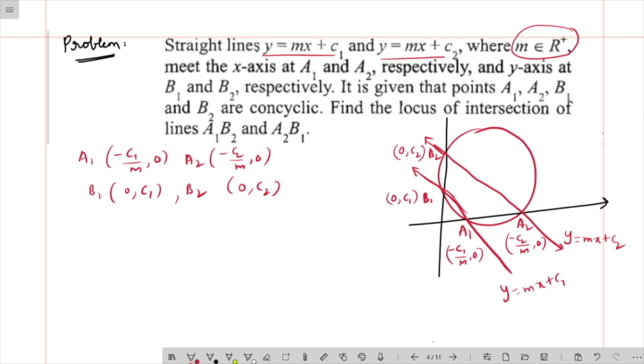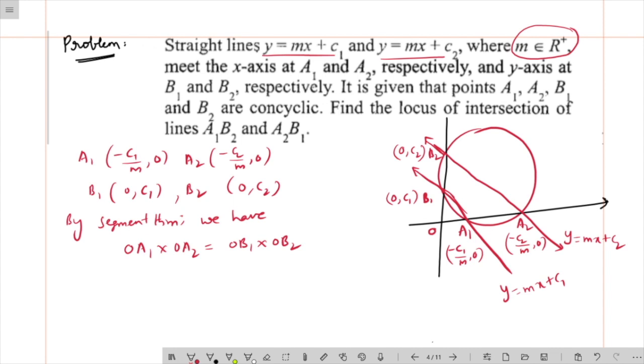Now it is given that A1, A2, B1, B2 are concyclic, which means there is a circle passing through these points. Hence, by one of the segment theorems, if O is the origin, we have OA1 times OA2 equals OB1 times OB2.